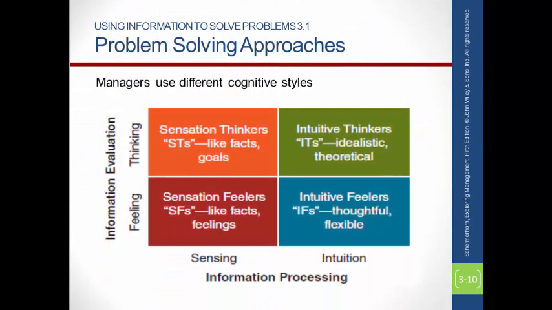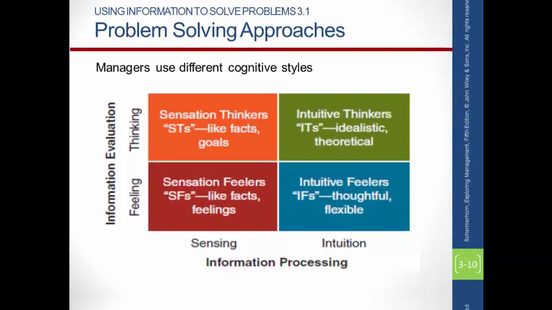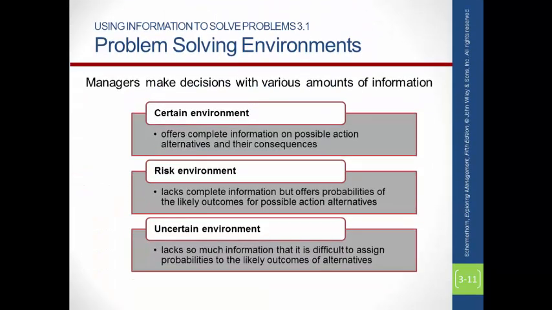Managers use different cognitive styles. So when we look at how we evaluate information and how we process information, is it more feeling or thinking based? And is it more sensing or intuition based? Managers make decisions with various amounts of information.